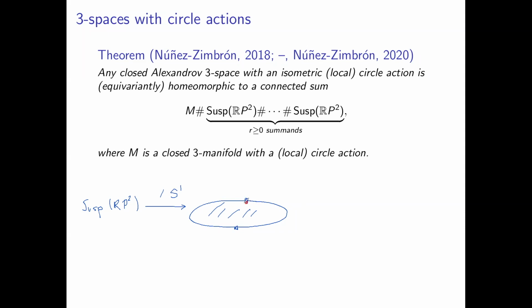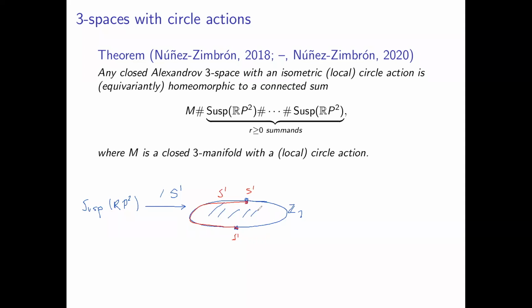These are fixed points, meaning they have isotropy S1, and one half of the boundary also has isotropy S1, and this other part of the boundary has isotropy Z2.